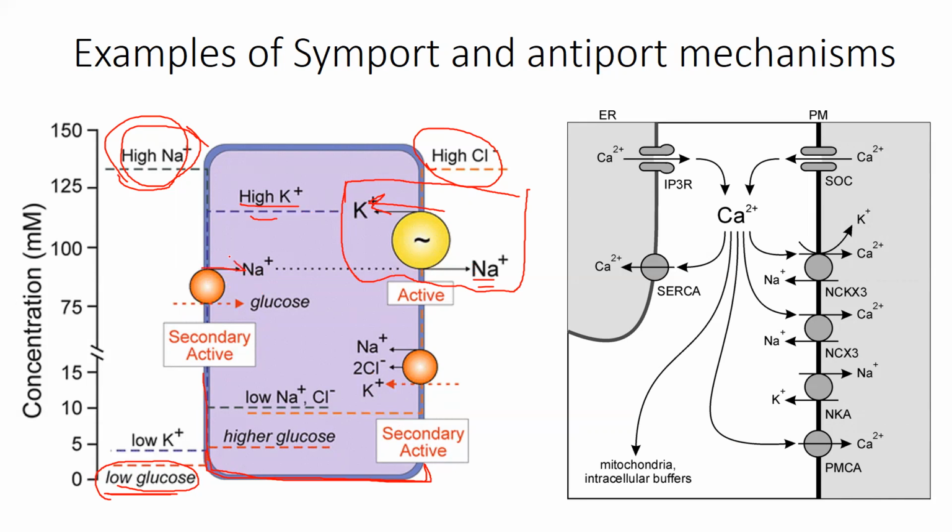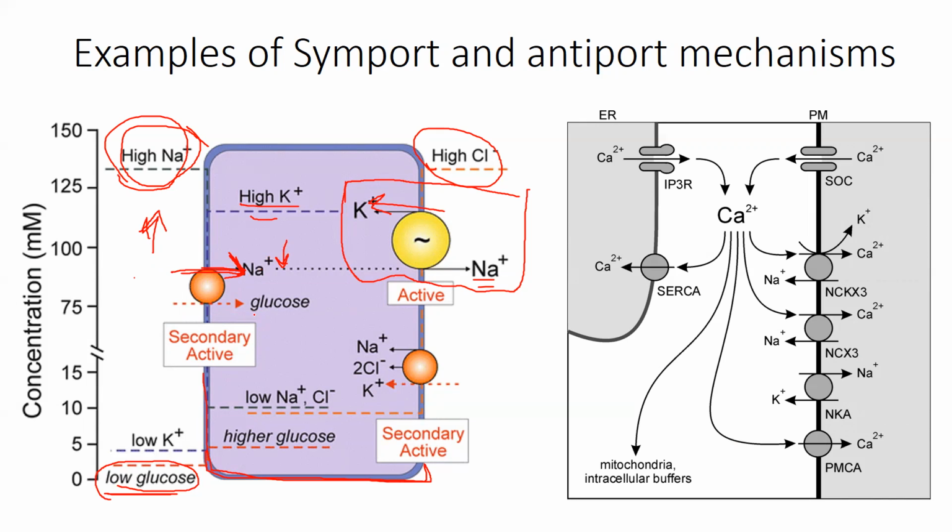In this case, this sodium here is the main driver, where it will be transported from outside, where there is high sodium, to the inside, where there is less sodium. So sodium is moving down its concentration gradient.